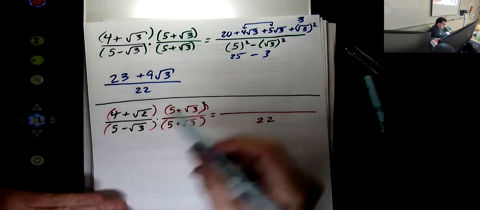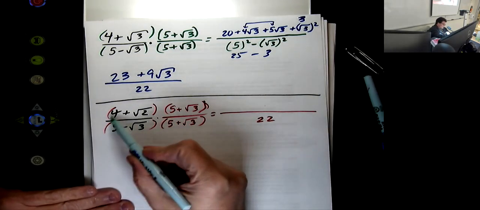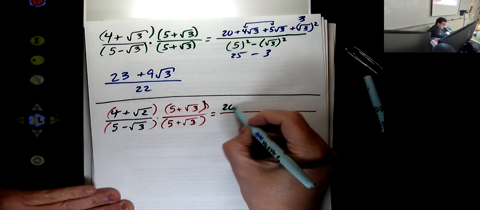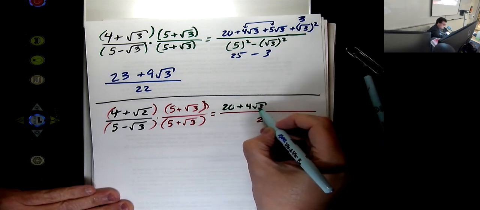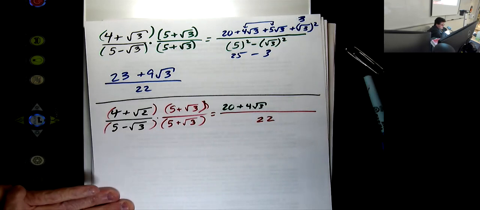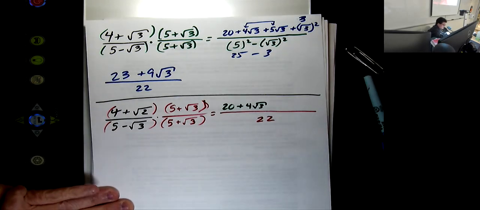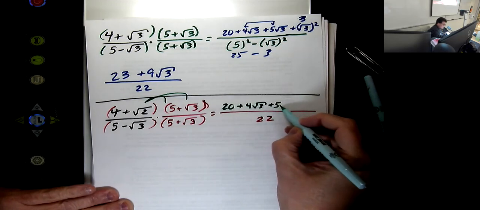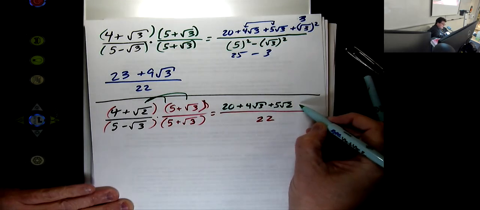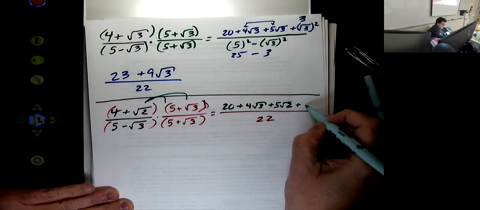If I start distributing, I've got 4 times 5 is 20, and 4 times root 3 is 4 root 3. And then I distribute the square root of 2. I've got plus 5 square root of 2, and square root of 2 times square root of 3 is square root of 6.